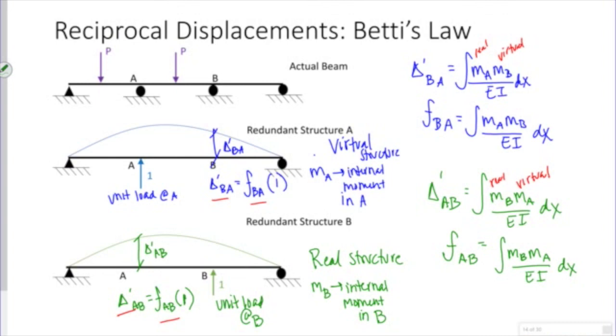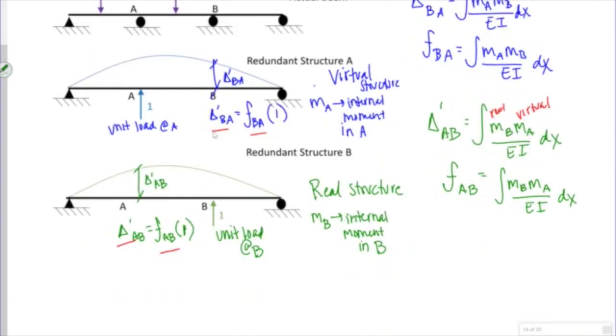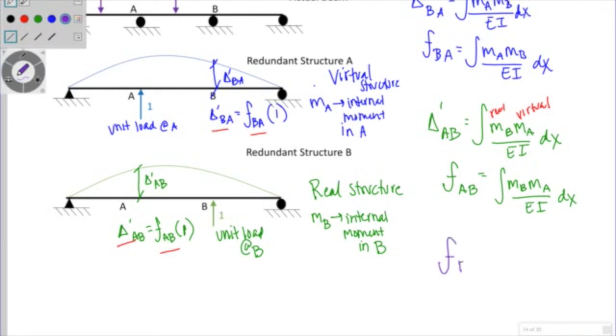What do you notice? Due to one of those rules that we learned about arithmetic, MA times MB is equal to MB times MA. Now what's that rule? I don't know. The order doesn't matter. So therefore, FBA is equal to FAB.